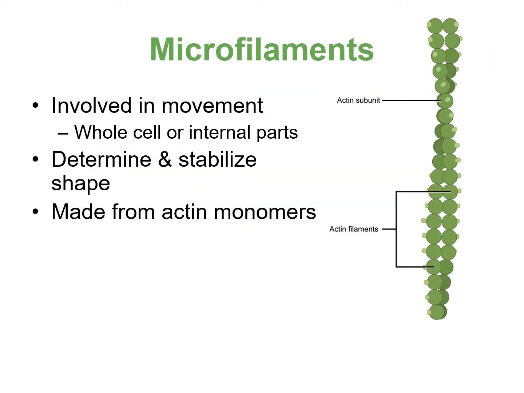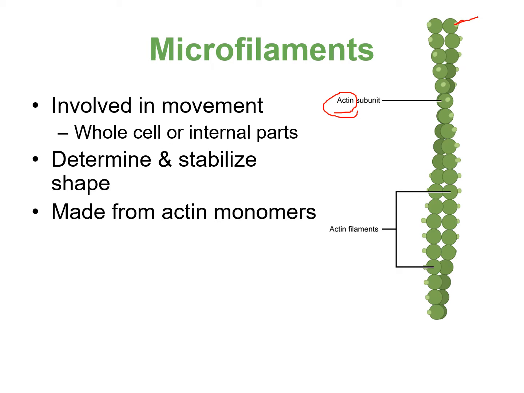The microfilaments, composed of a protein known as actin. Actin, each of these little balls you see here is a different actin protein, its quaternary structure. It then joins together with other actin subunits, and they string together and they form this chain.